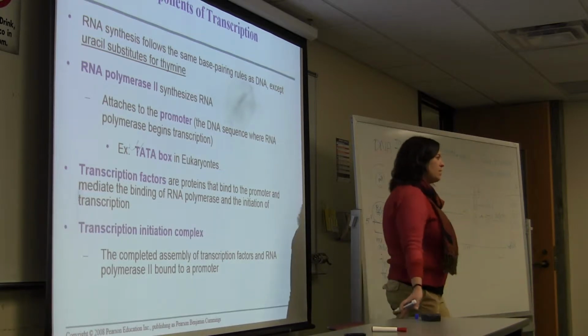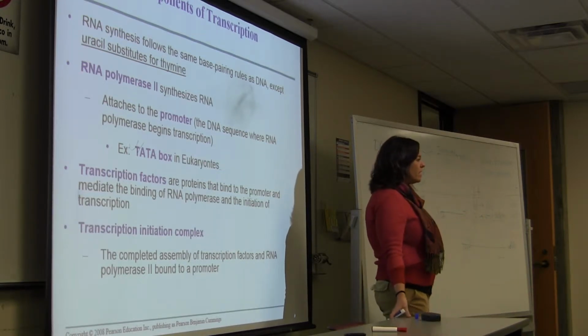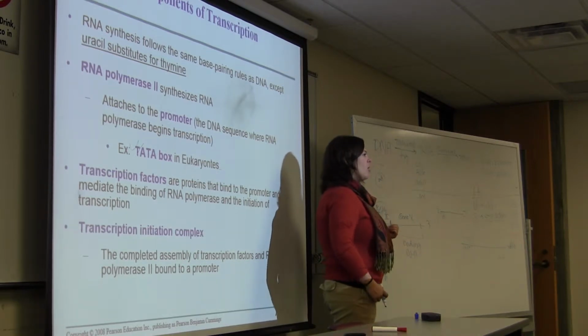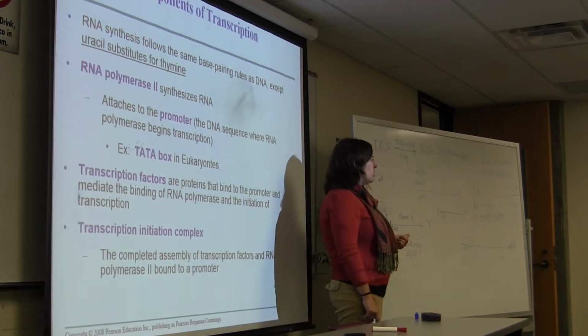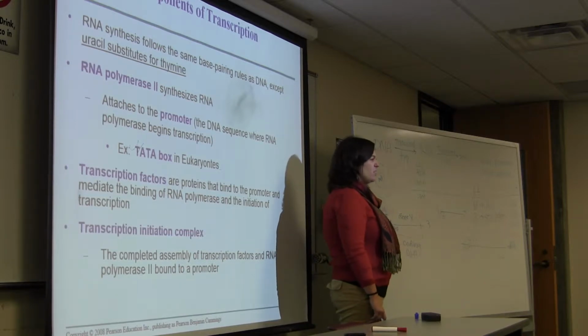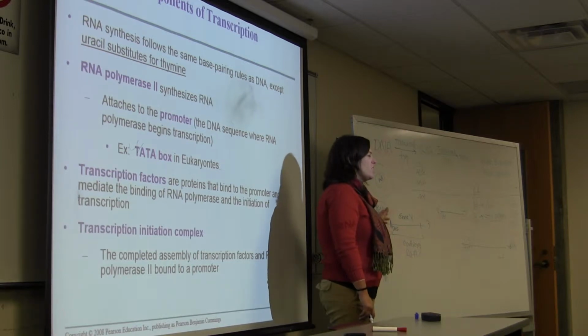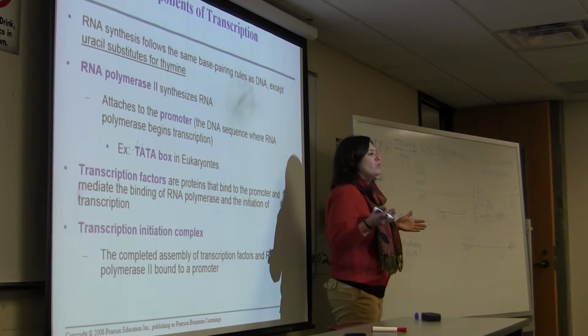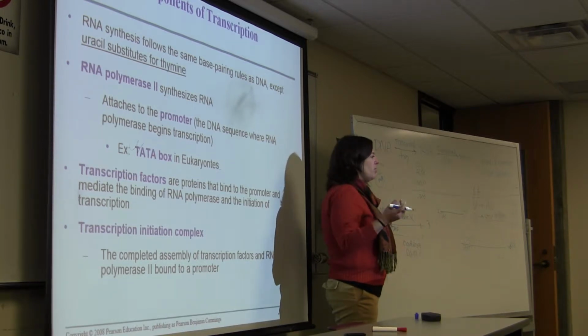Now, if every single promoter is unique, depending on which gene it's associated with, how can the same RNA polymerase 2 bind to every single different promoter? Because the promoter is a unique sequence too. Even though it's not coding for proteins, it's still a DNA sequence. It's not like all promoters are the same. They're all individually unique.